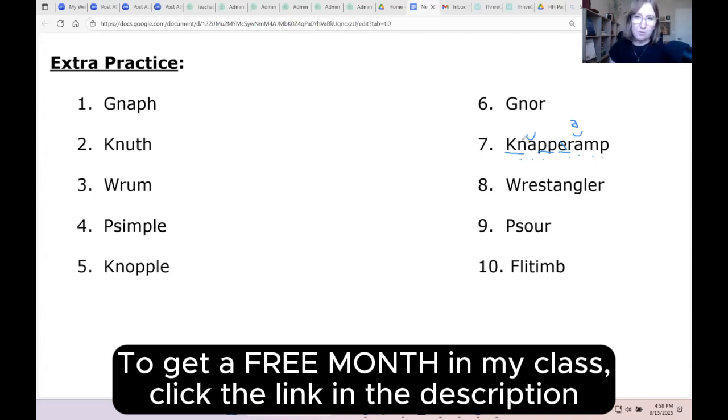All right, so if we broke this down, KN is going to sound like an N only. Okay, this A is going to sound like A because of those two consonants. This ER says R. This A can say A, or if you were here in A month, you also know that it can say uh. It can make the schwa sound. So either one of these are going to be okay.